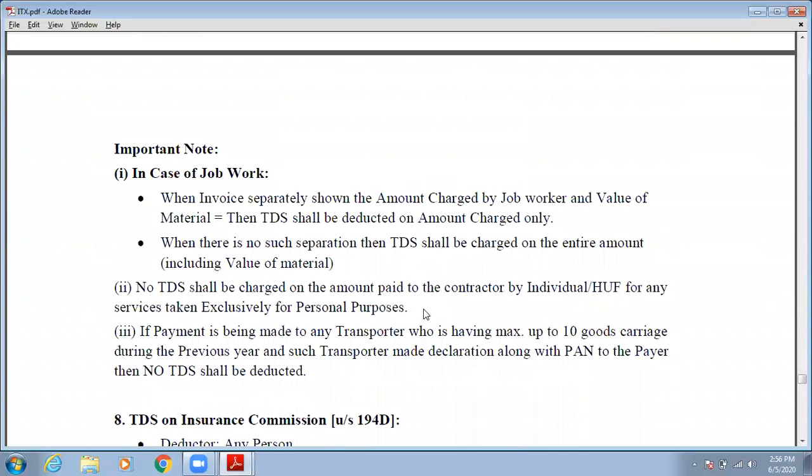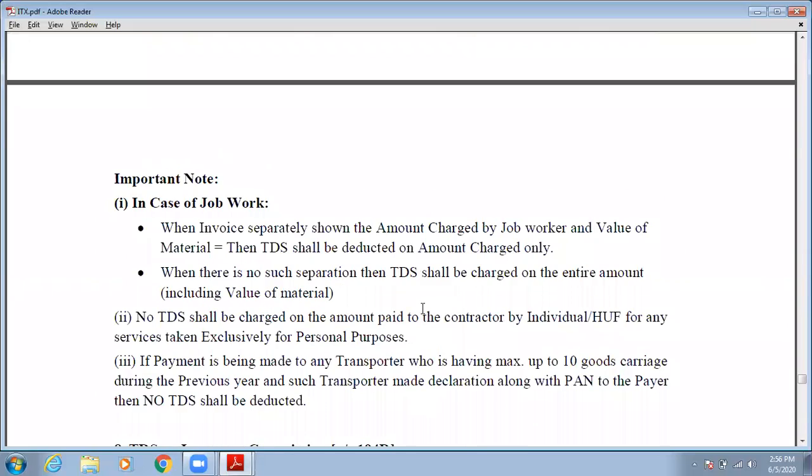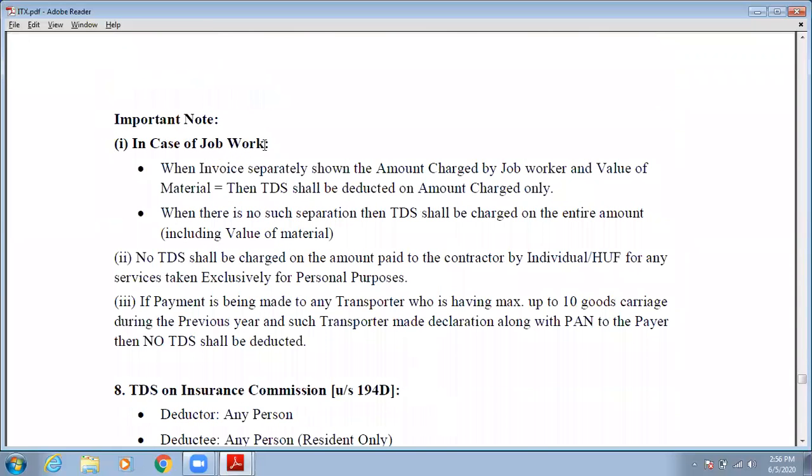Now there are some important rules in the case of a contract. In the case of job work, if the invoice separately shows the amount charged by the job worker and the value of materials, then TDS should be deducted on the amount charged only.